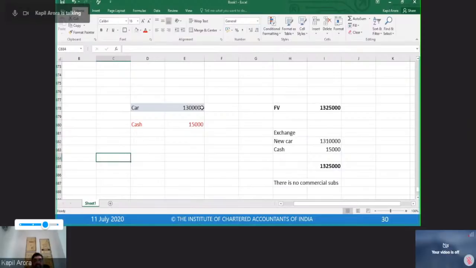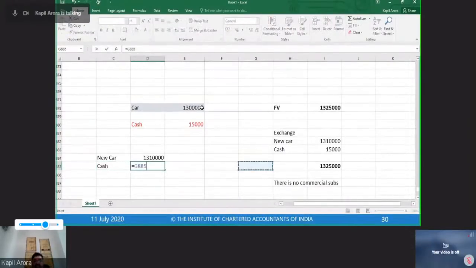What will happen is that the old car is going. So new car debit, cash, which is 15,000, and old car credit 13 lakhs.